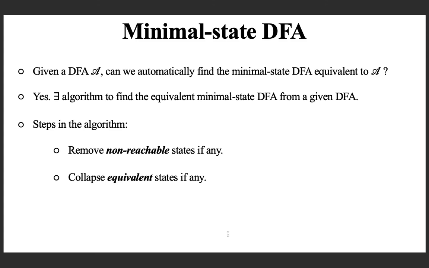For the second step, we need to first find equivalent states in a DFA. So in the next class, we are going to define an equivalence relation over the set of states in a DFA, which can be used to identify the equivalent states.